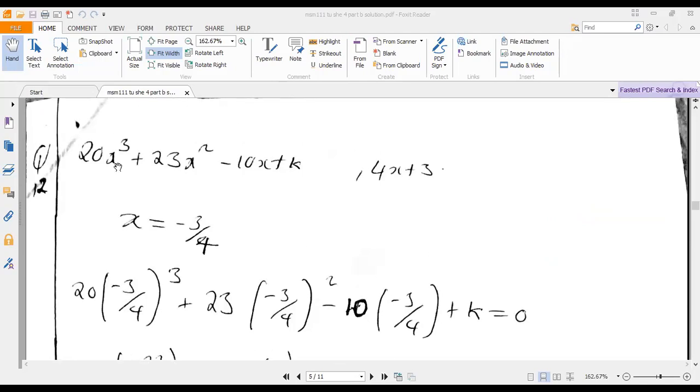Okay, for question 12, the question is find k so that 4x plus 3 is a factor of this polynomial here. Then we know that when you're dealing with factors, always equate this expression we have been given to be equal to 0.